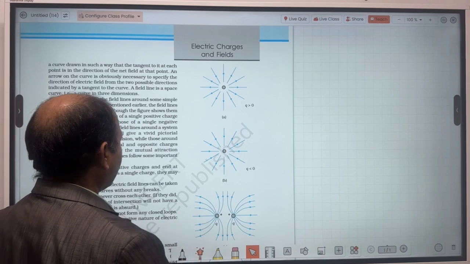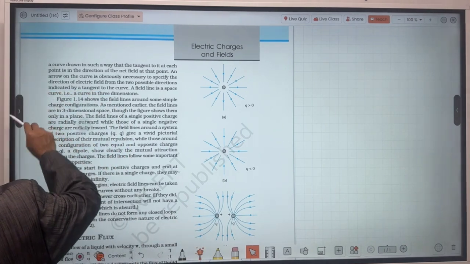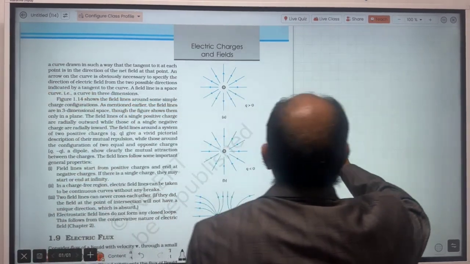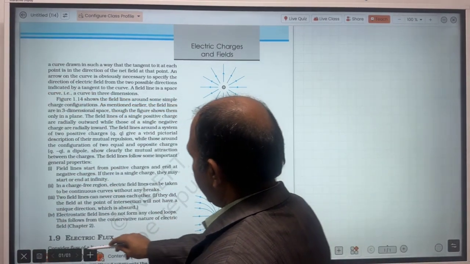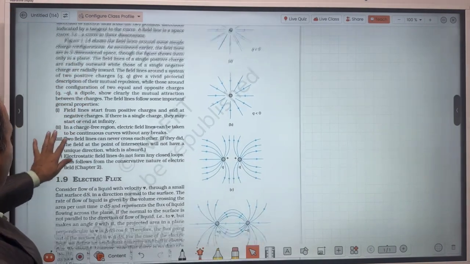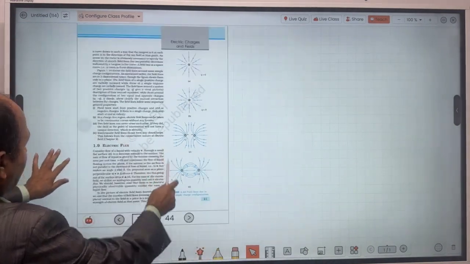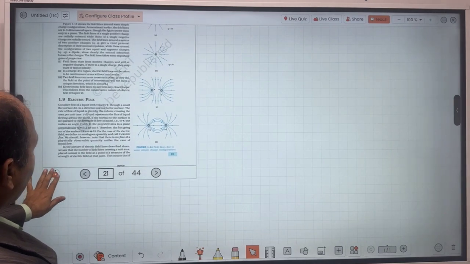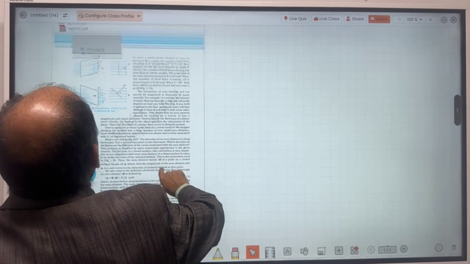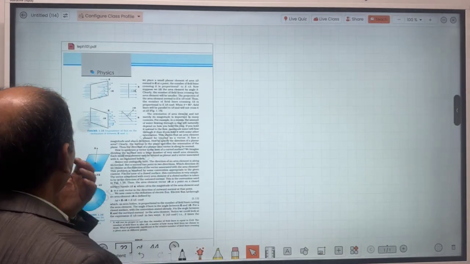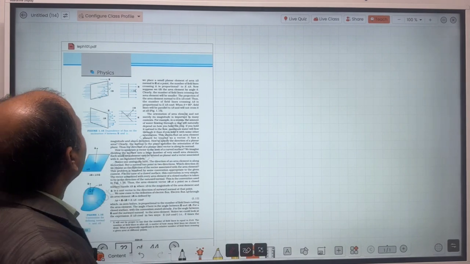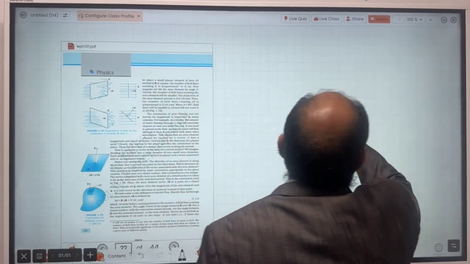And now we are going to find electric flux. What is flux? Electric flux means the number of field lines. So we will study Gauss theorem, which will be used to calculate electric flux. Before starting the electric flux calculation, we must know what the area vector is.